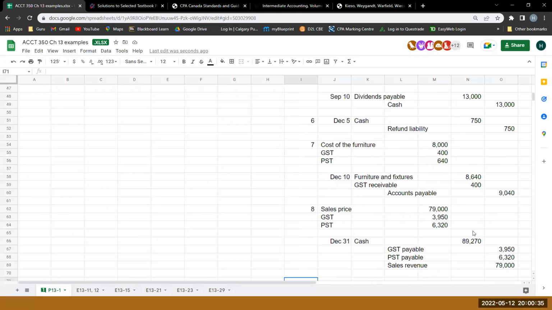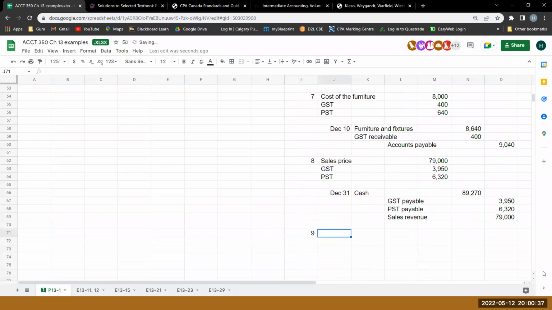So for December 31st, number 9, it's December 31st that we have to make the entry. Now, our cash sales, there's no information about any credit sales. So cash sales is 79,000.